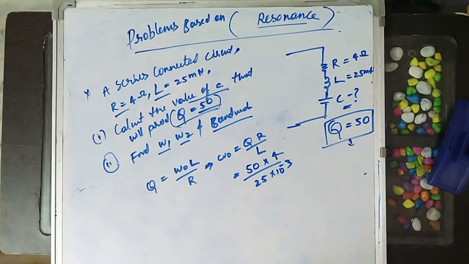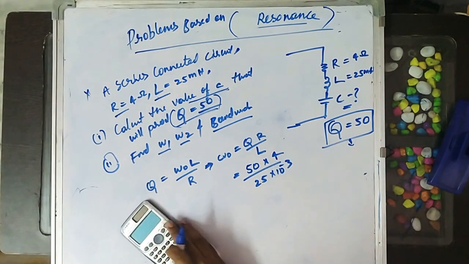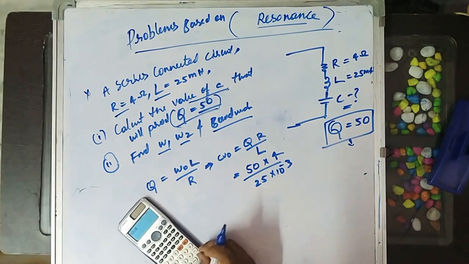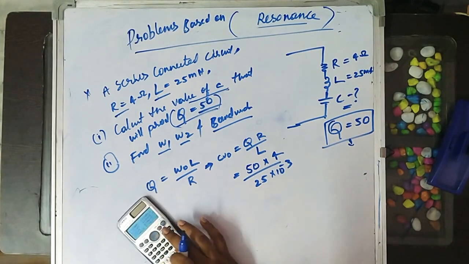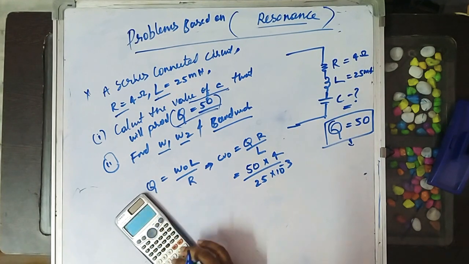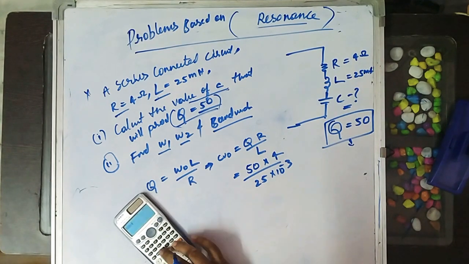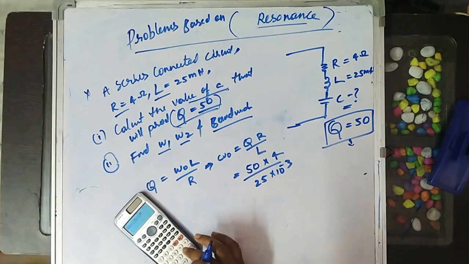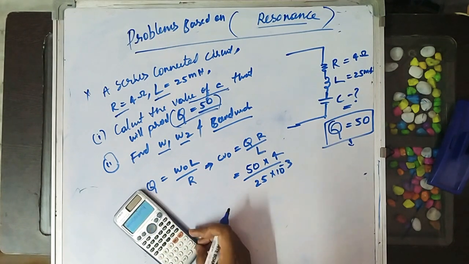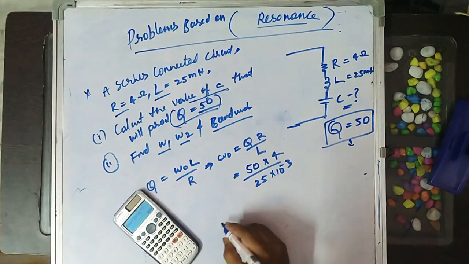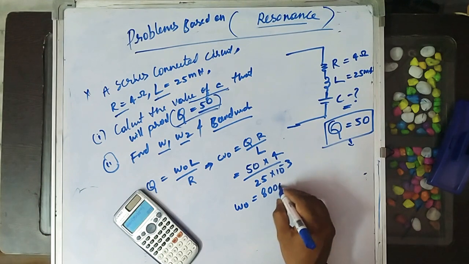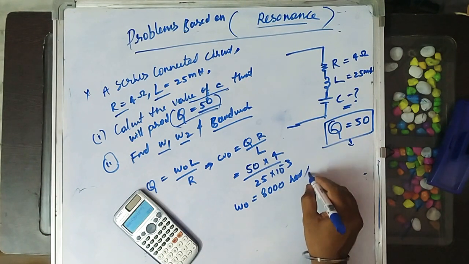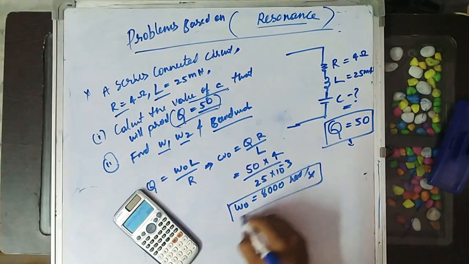After substituting, 50 into 4 divided by 25 into 10 power minus 3, you will get omega naught as 8000 radians per second. This is the resonance frequency in radians per second.